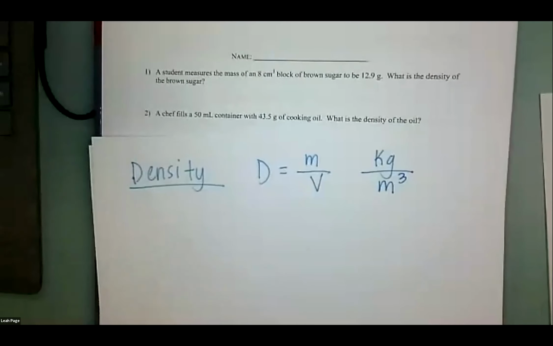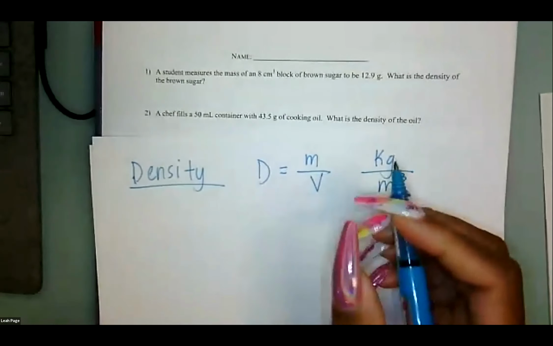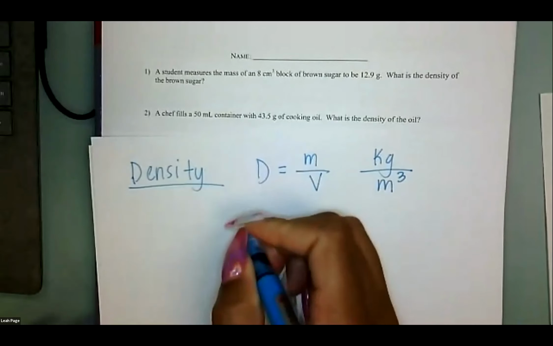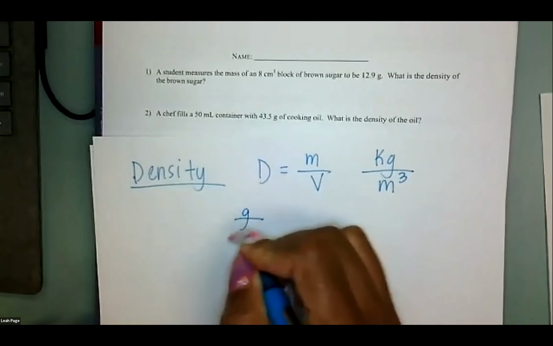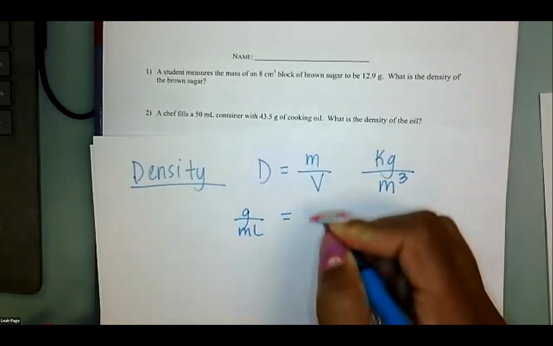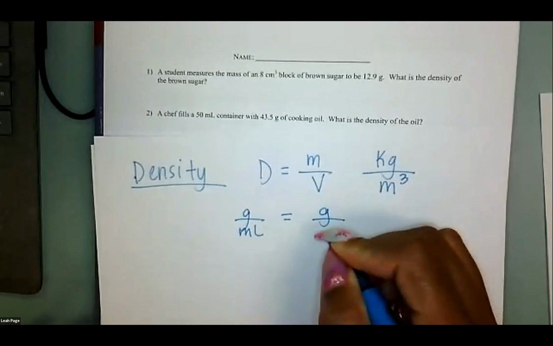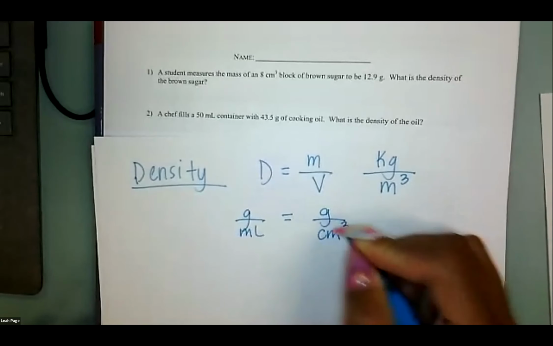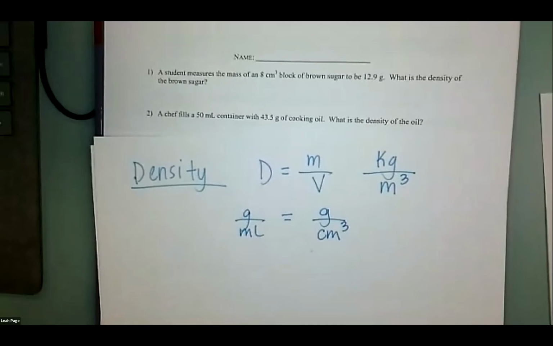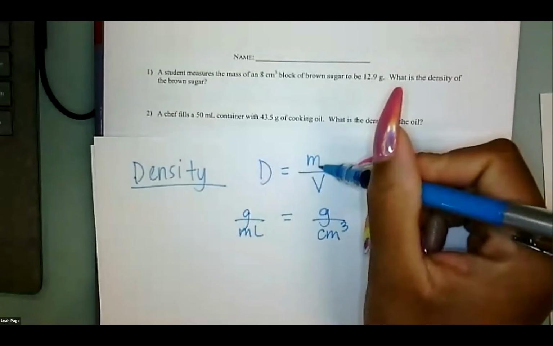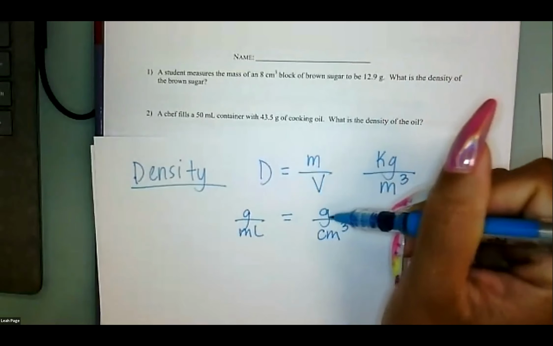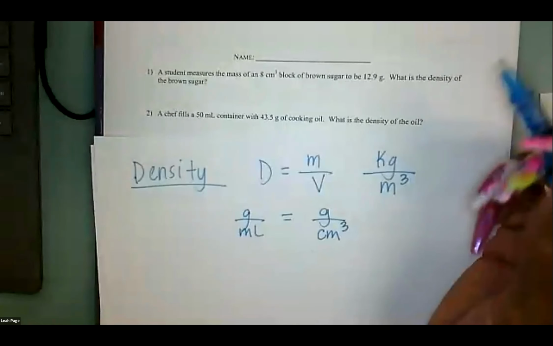Remember, any unit of length that is cubed is going to be volume. But most generally, we're going to be calculating density in units of grams per milliliter, which is the same thing as grams per centimeter cubed. So we're just calculating the mass in grams, the volume in milliliters, and calculating the density from that.